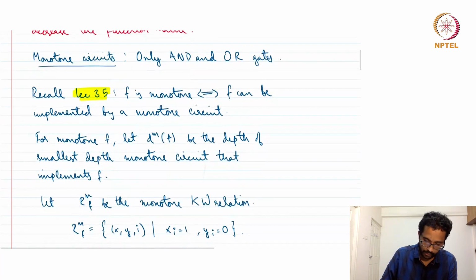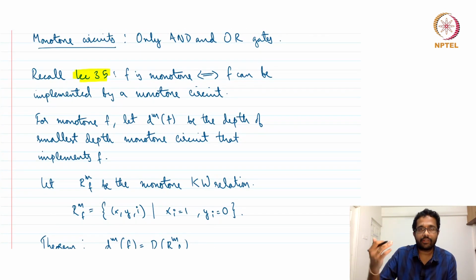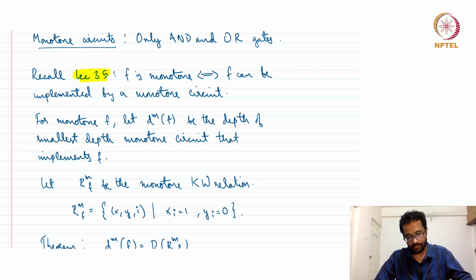So hopefully, if you have not convinced yourself of this simple fact already, you may want to try that out and then listen to the rest of the lecture. Any monotone function can be implemented by a monotone circuit, and anything that can be implemented by a monotone circuit is a monotone function. So it's an equivalent characterization.